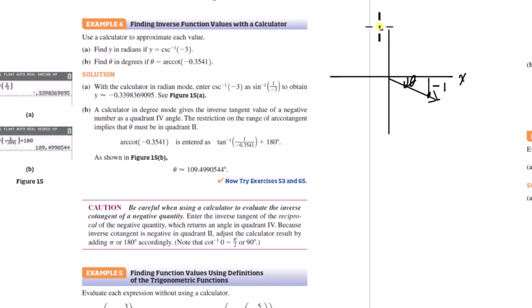The cosecant of this angle theta is 3 over minus 1, which is minus 3.